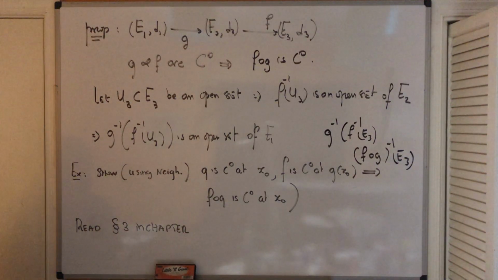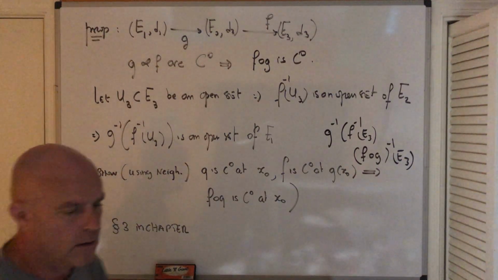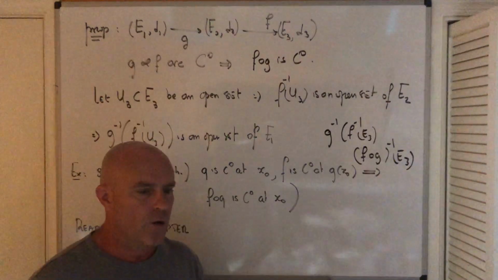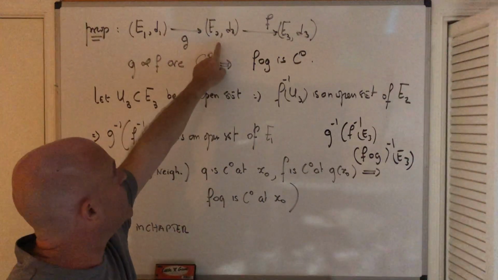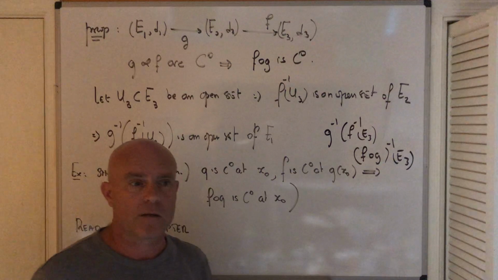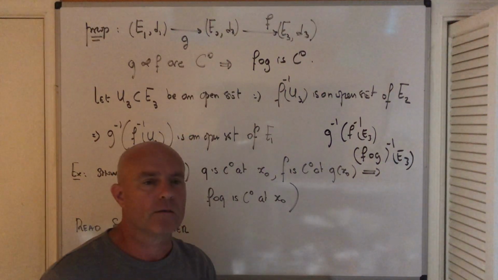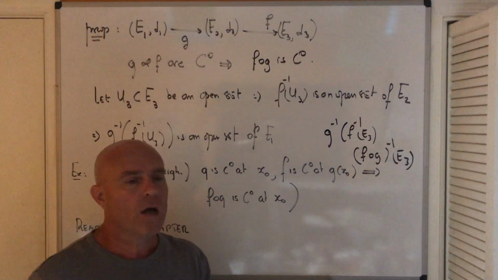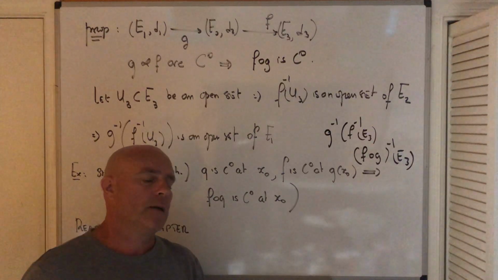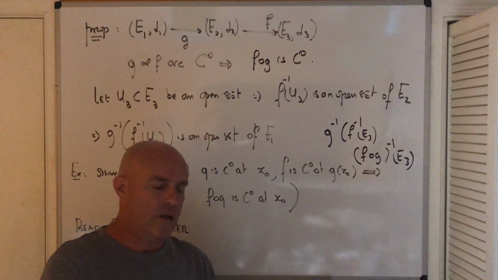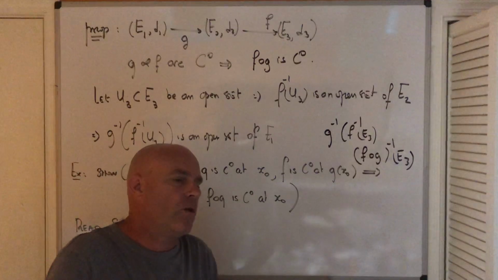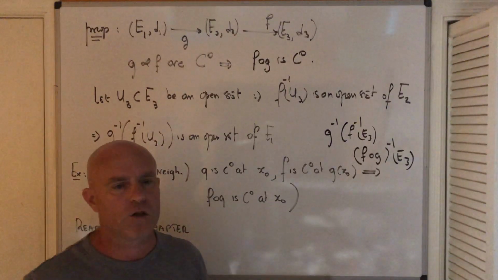To complete this entire discussion, consider the case where the target space of the function is the space of real numbers equipped with the Euclidean metric. You want to show that if f and g are continuous, then the product is continuous, or the sum is continuous, or a linear combination of f and g is continuous.